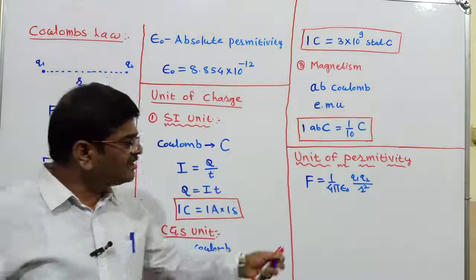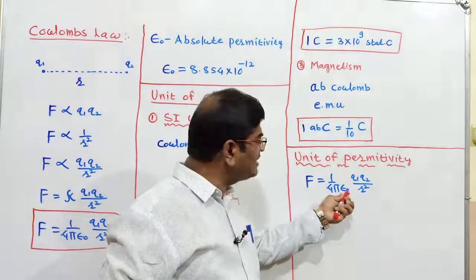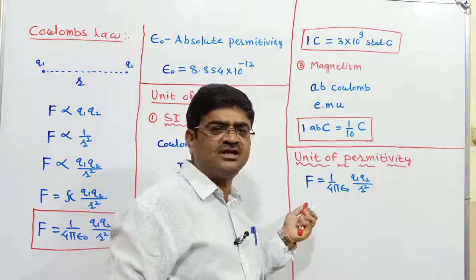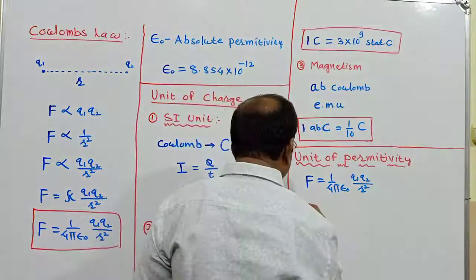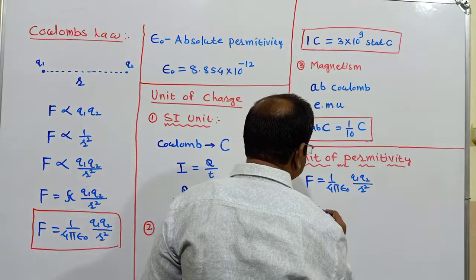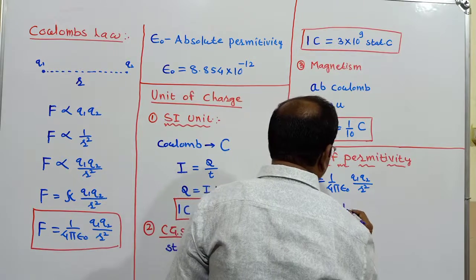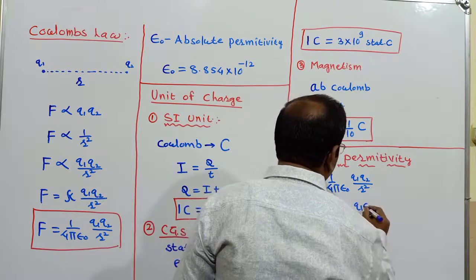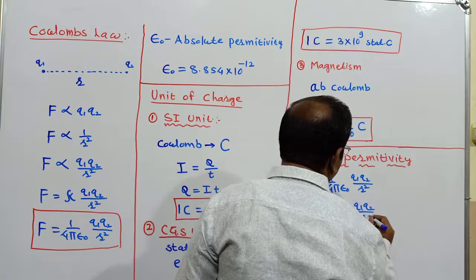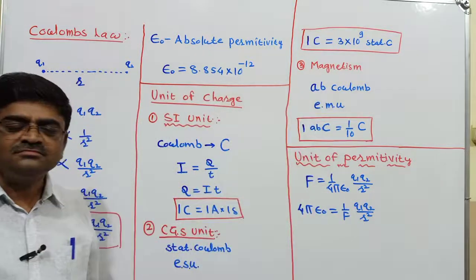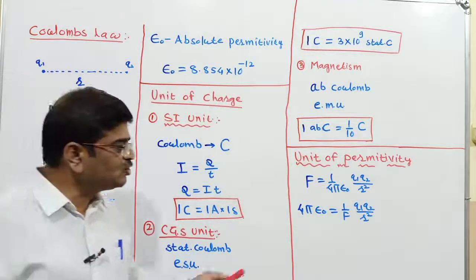My interest is the unit of epsilon 0, so I will rearrange this equation. I shall write it as 4 pi epsilon 0 equal to 1 by F times q1 q2 divided by r square.